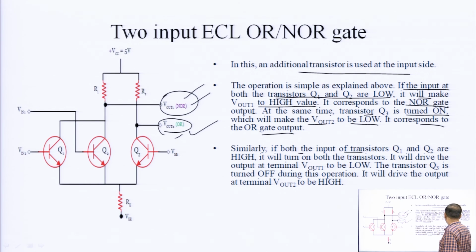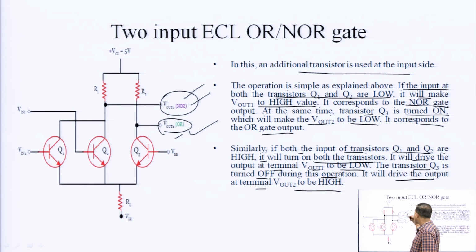Similarly, if both the inputs of transistors Q1 and Q2 are high, it will turn on both transistors. It will drive the output at terminal V out 1 to be low. The transistor Q3 will be turned off during this operation, driving the output at terminal V out 2 to be high. So when both inputs are high, V out 1 will be 0, but V out 2 will be 1. This is the NOR gate and OR gate output we are getting from the circuit.